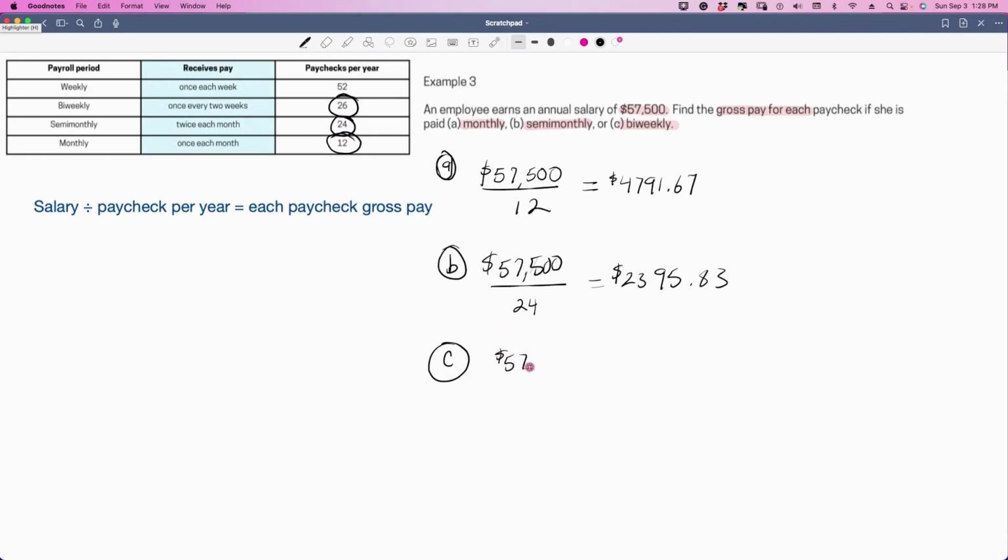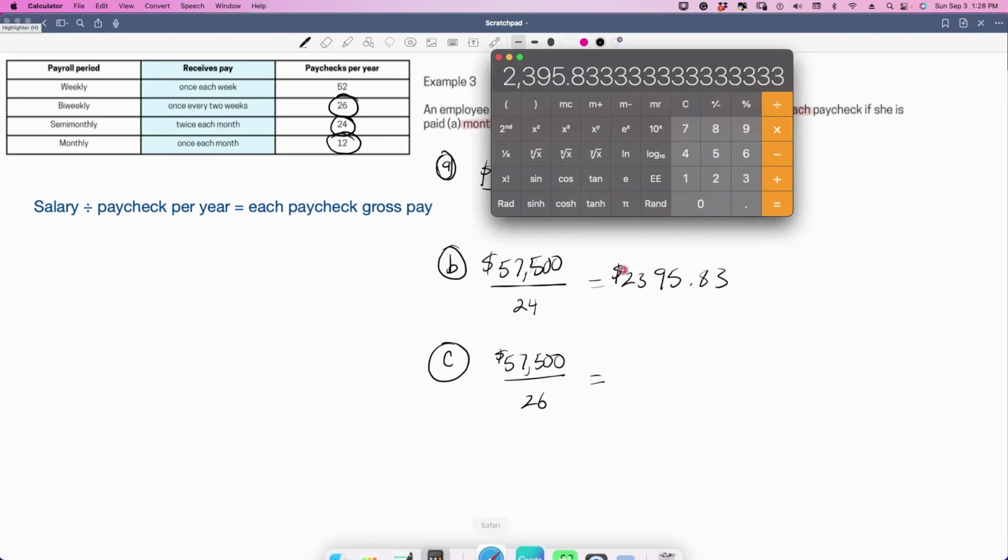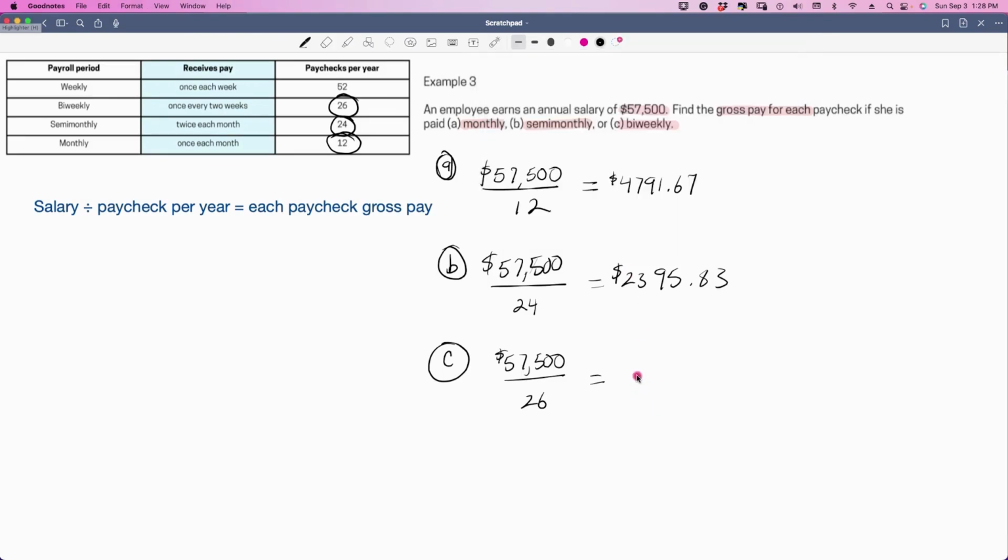So 57,500 divided by 26 is equal to, let's see, 2,211, and this would round from 53 to 54. So that would be $2,211.54 in dollars and cents. Put that right there.